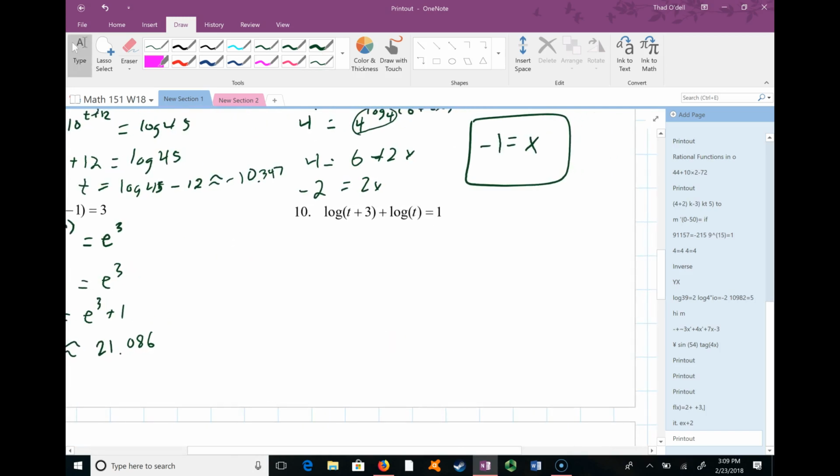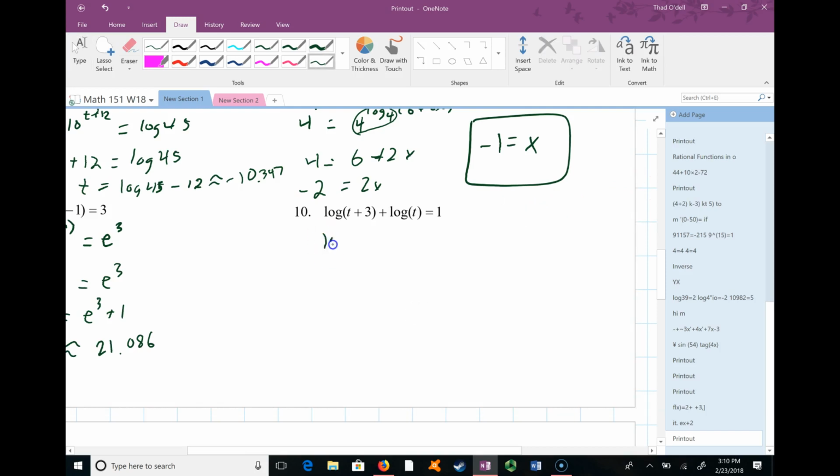Here's another one where we have two logs added together. So we want to combine those if we can using the log rules. And so we know that natural log of xy is equal to natural log of x plus natural log of y. That's the rule we want to use.